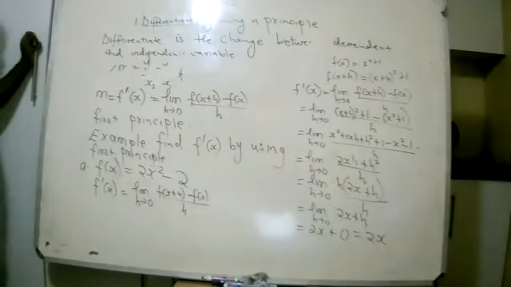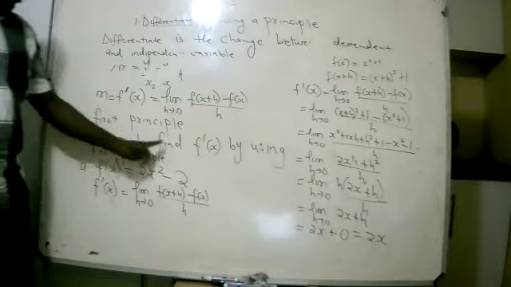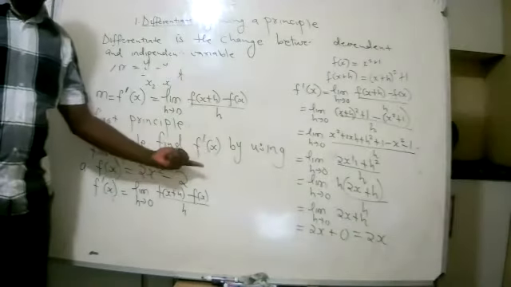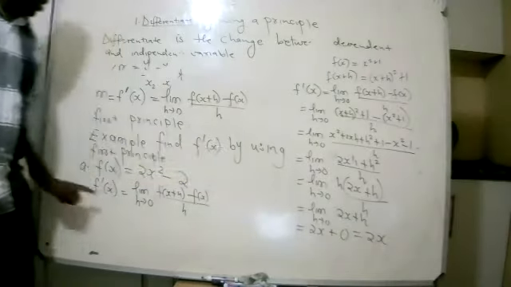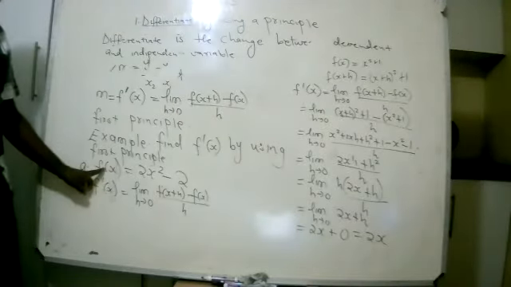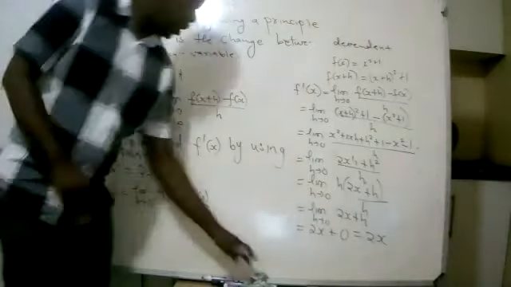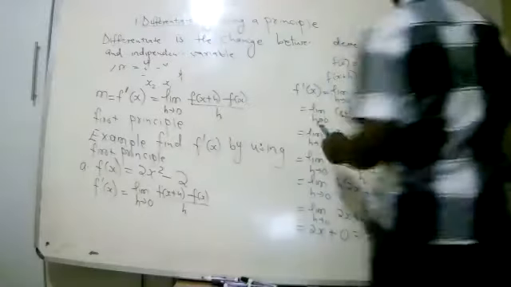That is the function we're going to use. So we are answering the same question. Find f prime x, the average gradient, by using first principle. First principle is this formula, and the function that is given is that one. So now let's try to answer that question by using the first principle.